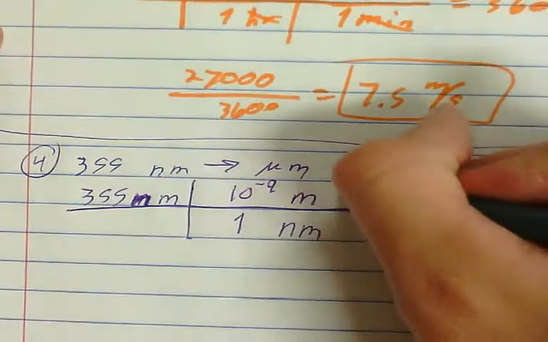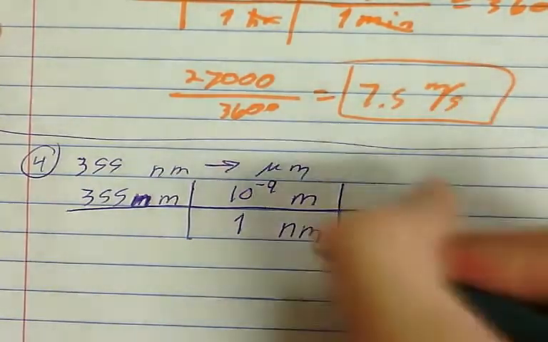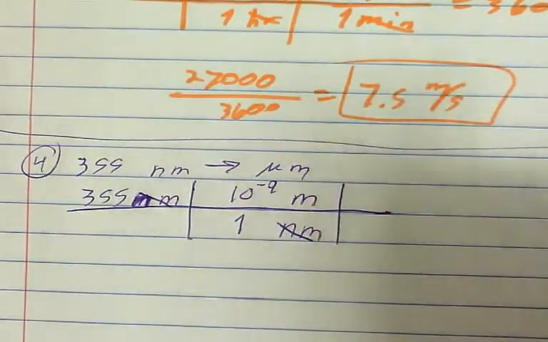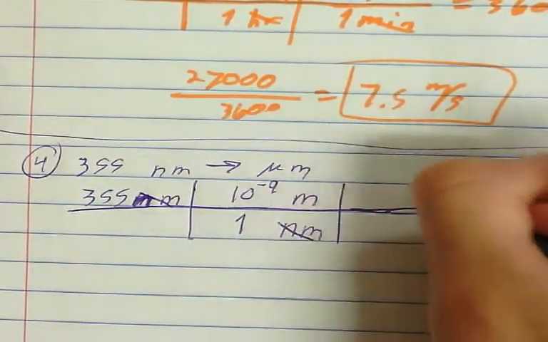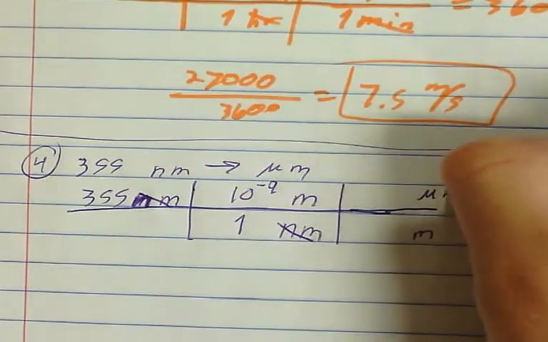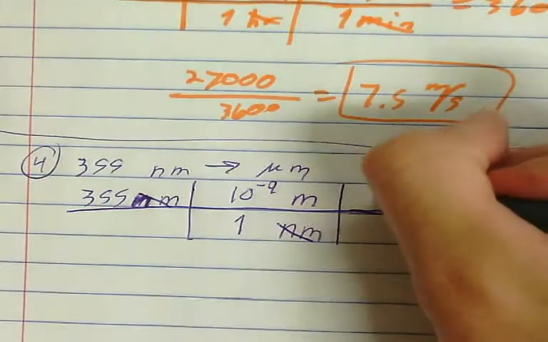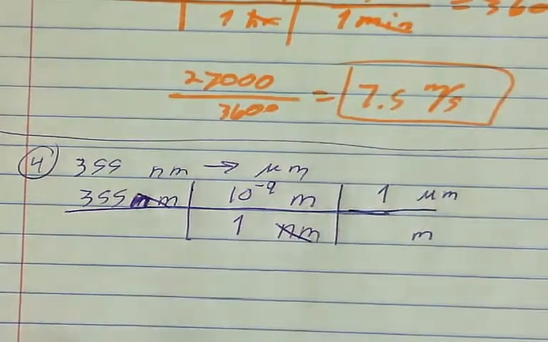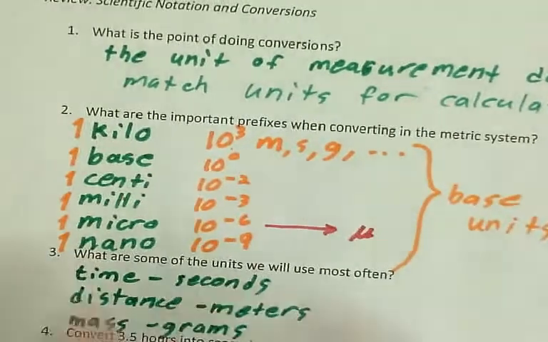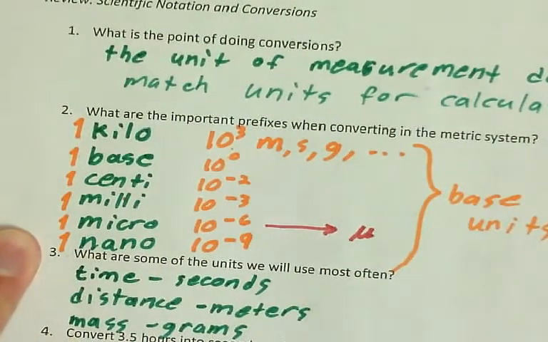I'm not done yet, though, because the problem doesn't want meters, it wants micrometers. So now I'm at meters. I want micro. So what I have goes in the bottom, what I want goes in the top. For every 1 micro, again, remember, the prefix unit always gets a 1 every time.